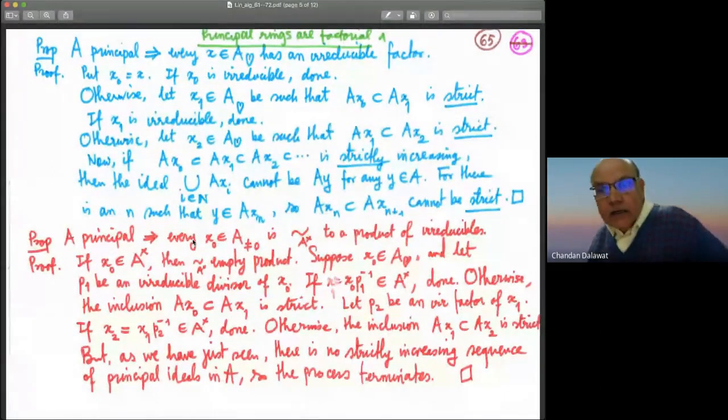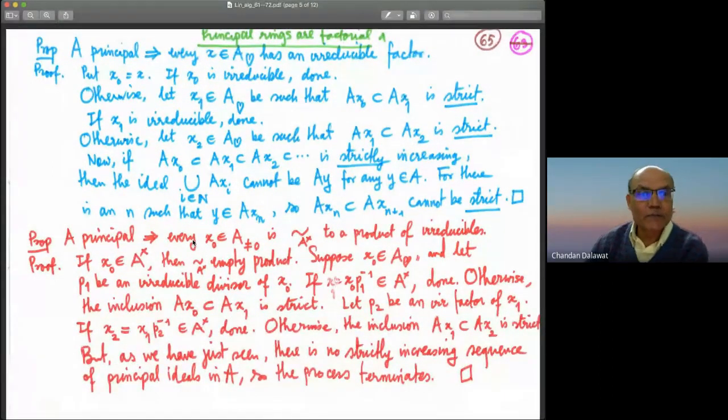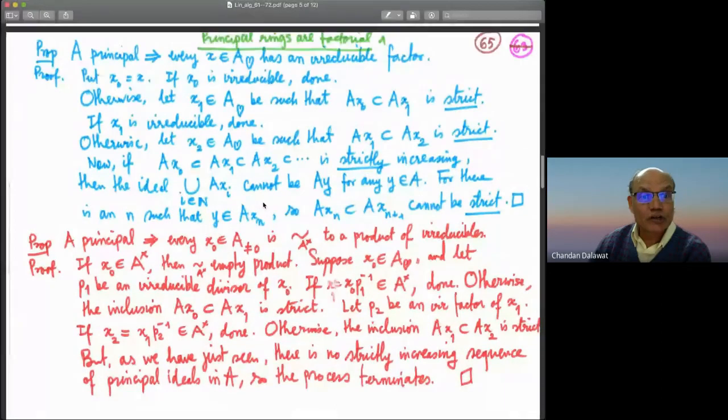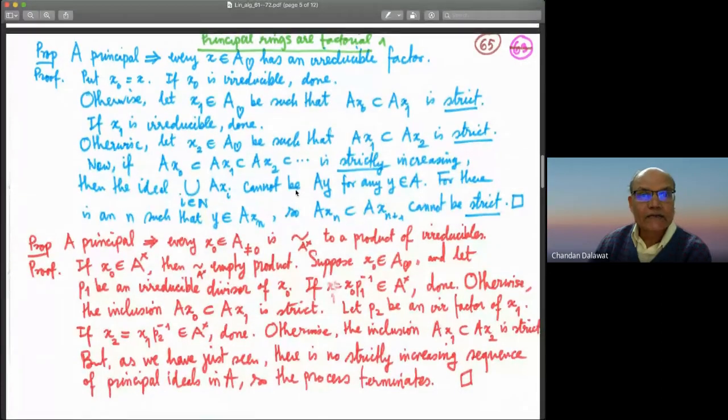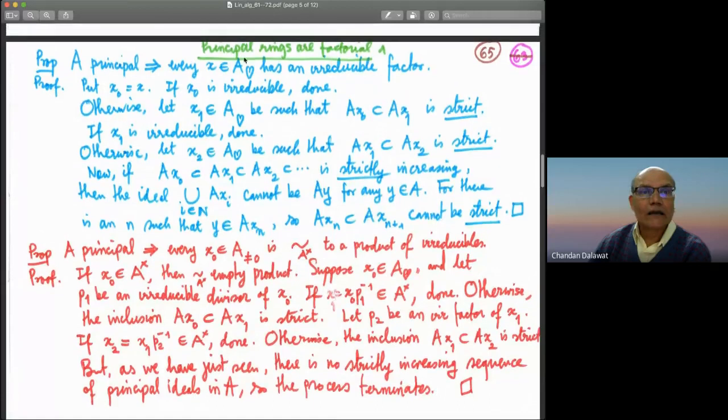Now, there's this important property of principal rings, which I need, and it says that principal rings are factorial. So let me define what it means for a ring to be factorial. I'll do it in the next slide, but here I'm proving some preliminary statements.